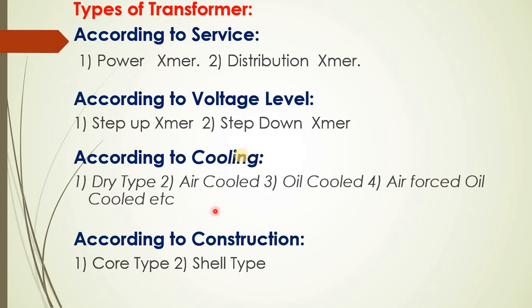That is decided by the position of the transformer where it is actually erected. Next it is according to construction. According to construction means core type transformer and shell type transformer. We can see in detail in the next coming slides.